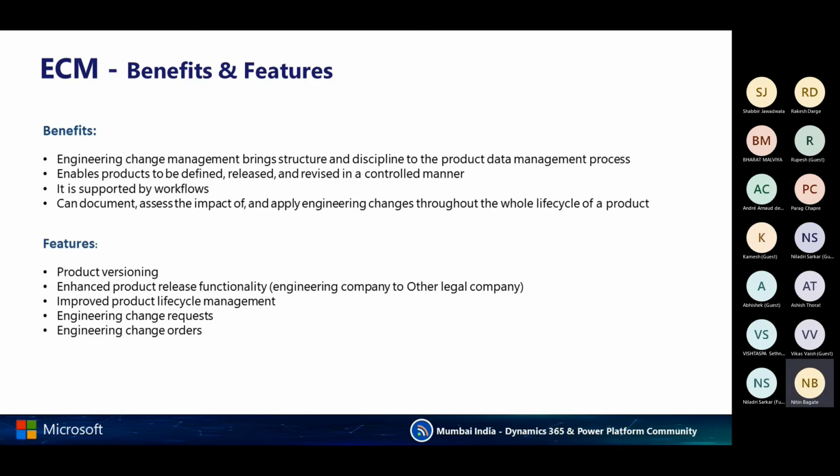It could be as per our wish, like maybe design phase, development phase, operational phase, maybe a prototype, or maybe an obsolete phase. And the next best features are engineering change request and engineering change orders. So these are the features which we can easily understand, which we can easily leverage from the current ECM functionality.